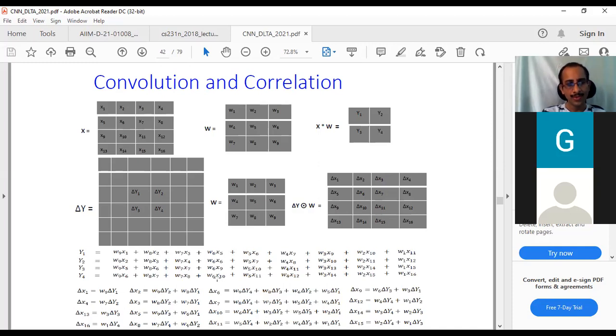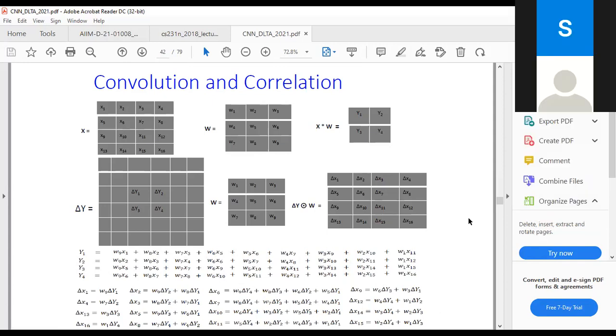Right, very good. And W2 into delta Y1 plus, right. There are three terms connected to X10. So while finding the error, the error from each of them with respect to weights gets added up, and then you get delta X10. So delta X10 is W3 into delta Y2 plus delta Y3 into W5 plus delta Y4 into W6. I hope this is clear.